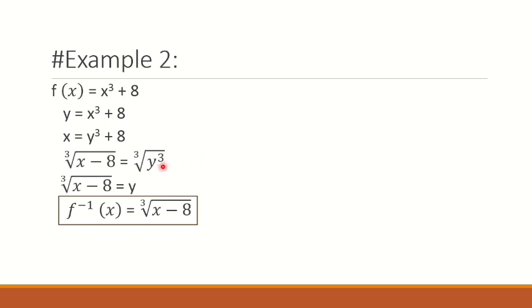The next step is you need to cancel out the cube root and the raised to 3, and then the remaining answer will be cube root of x minus 8 equals y. So our final answer will be the inverse function of x equals the cube root of x minus 8.